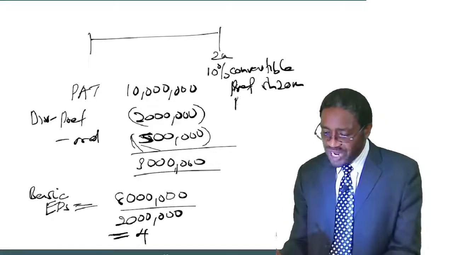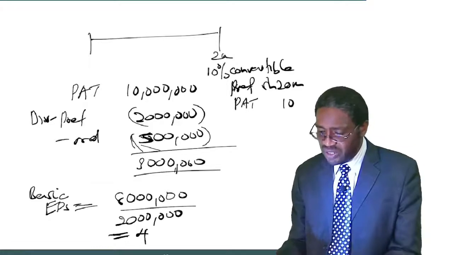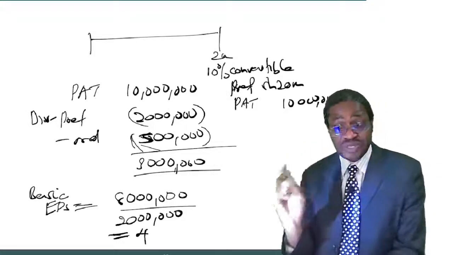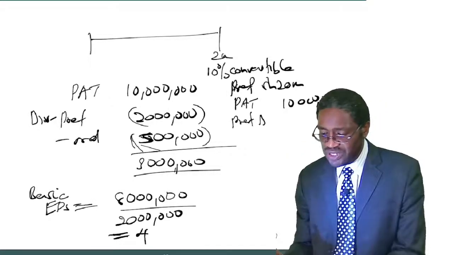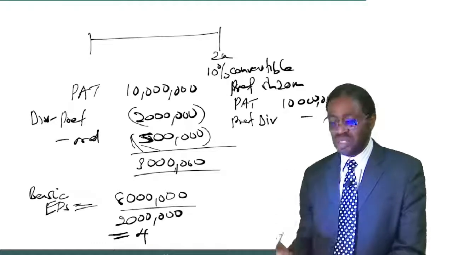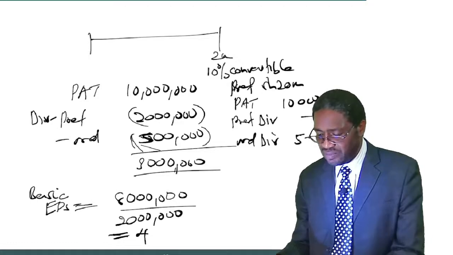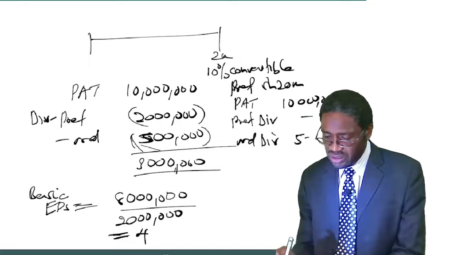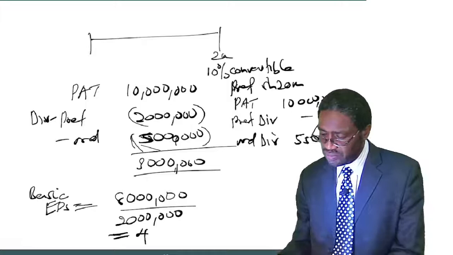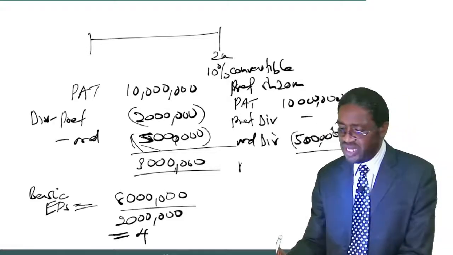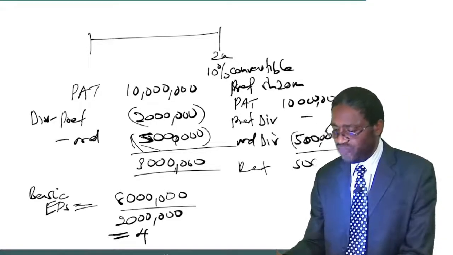So our profit after tax would still be 10 million, preference dividends would be nil, and ordinary dividend would still be 5 million. Meaning our company would have retained a profit of another 5 million.